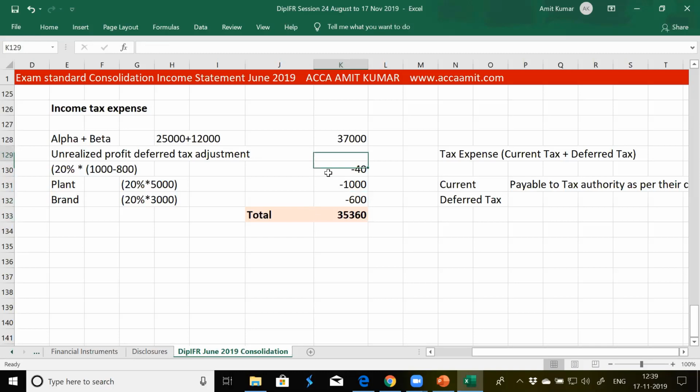What they demanded is 37,000 current tax. Tax expense according to accounting principles is 35,360. What about this difference?